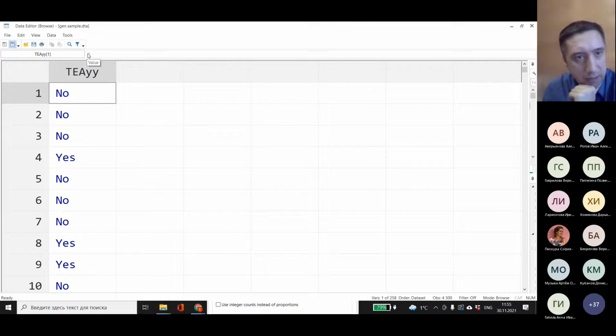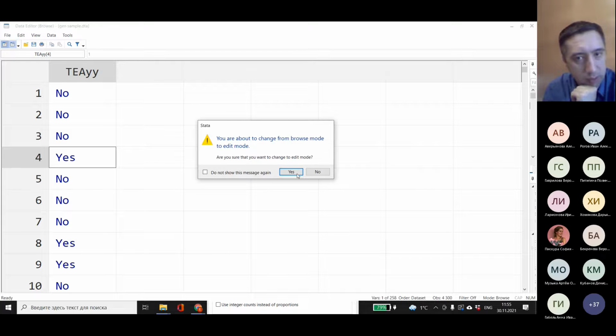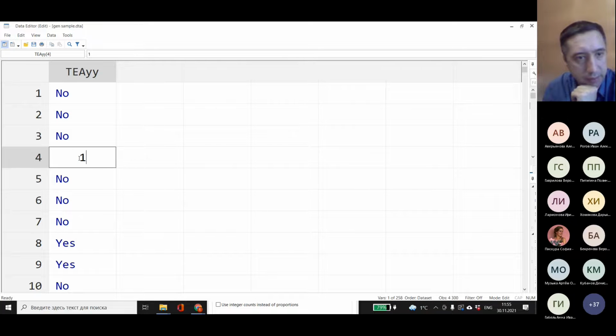And if you find the value row here, you will see that the value of no is 0, and if you click on this cell, you will see that its value is 1. Or if you click on edit mode, you can double click on any value in your spreadsheet, and you will see that instead of text, in fact, it is a number.